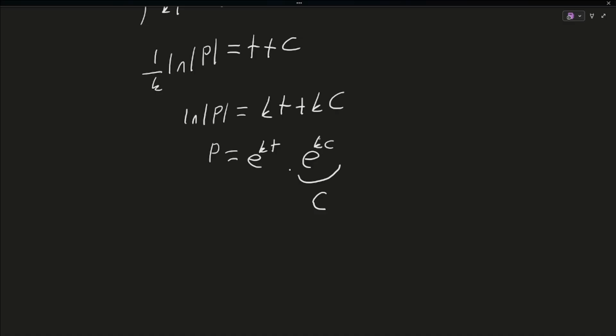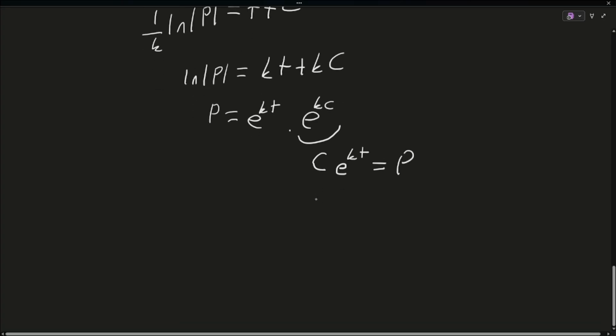It's because k is already a constant we have in this differential equation. It's not a variable, since we could pull that out in the integral, so we will actually call this another constant c. And c multiplied with e to the kt equals p. This is the final form of our differential equation.